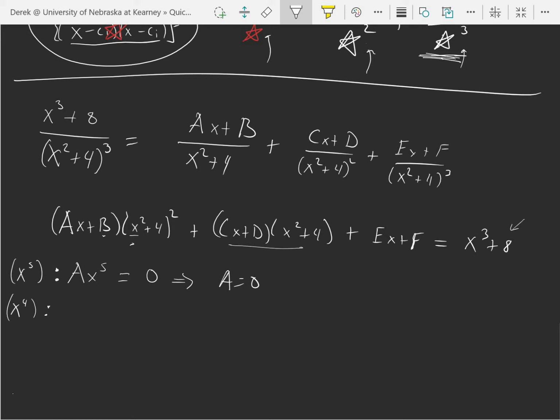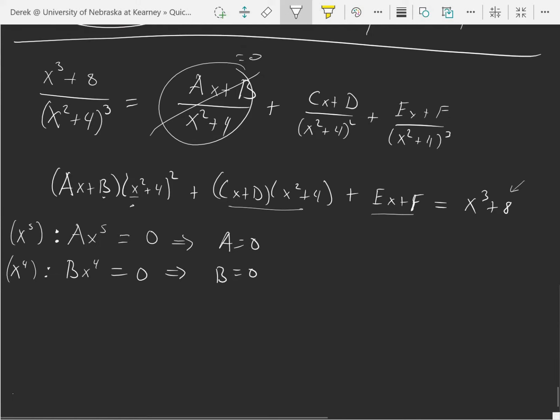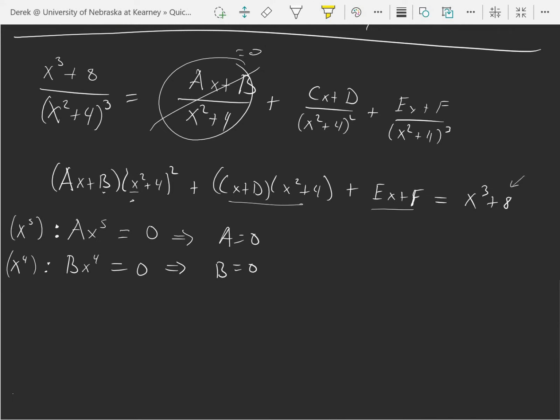The highest thing here is degree 3, this is degree 1, so bx to the 4th is the only way to get that, and that's also 0. Okay, so I know that I didn't need this piece. This is a 0. This guy's 0. Still, I get these other guys that might not be 0. So I can just ignore this thing completely now that I know it's equal to 0.